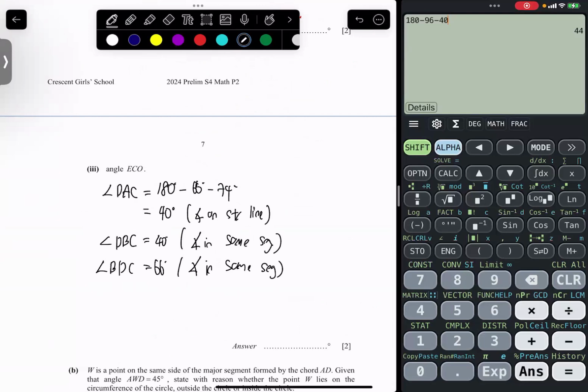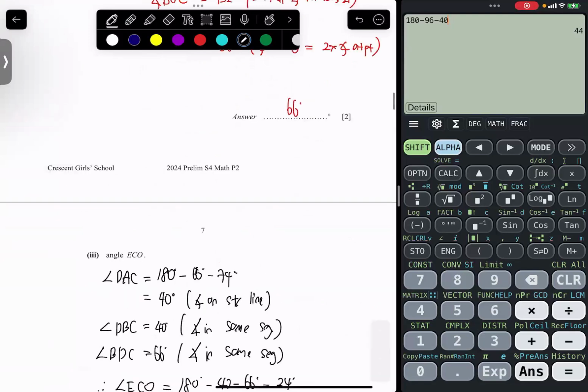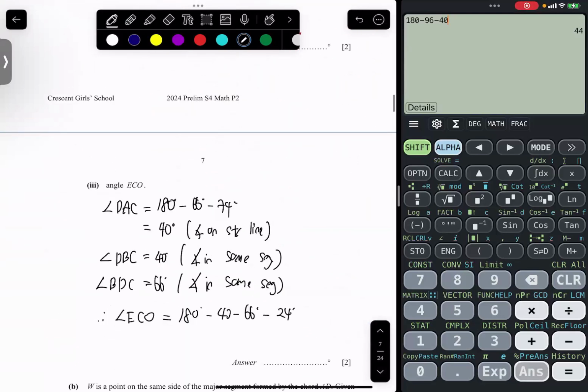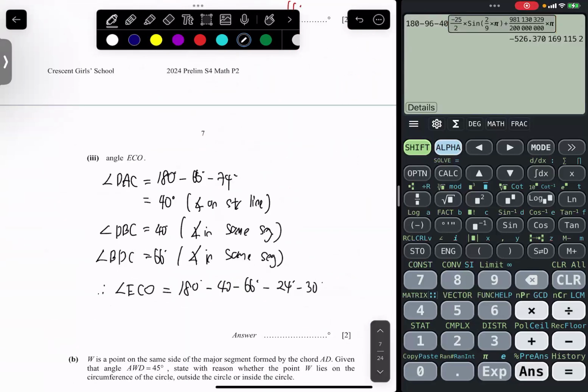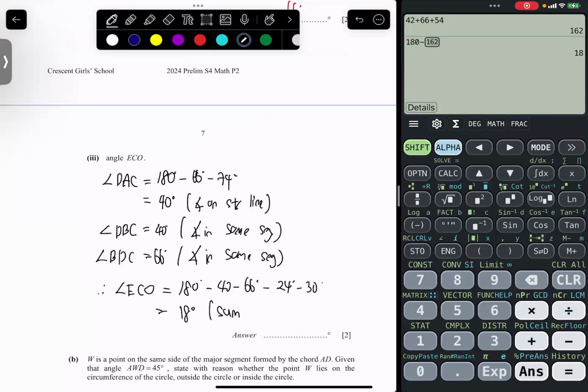So therefore angle ECO equals 180 minus 40 minus 66 minus 24 minus 30, equals 42 plus 66 plus 54. 180 minus 4 equals 18 degrees. Sum of angles in a triangle.